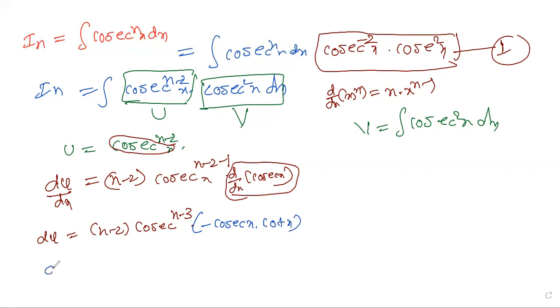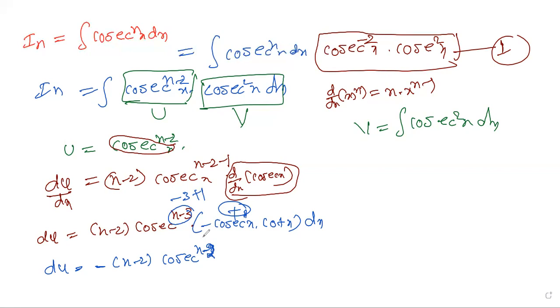So finally du by dx, you can write with dx, the answer is minus n minus 2 into cosecant power n minus 3 and one more cosecant, so n minus 3 plus 1, totally cosecant power n minus 2. I can write directly cosecant power n minus 2.